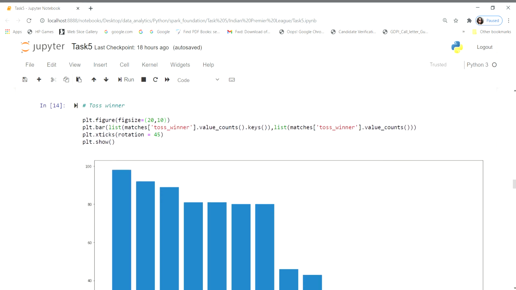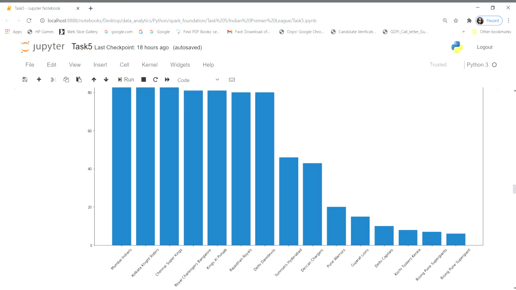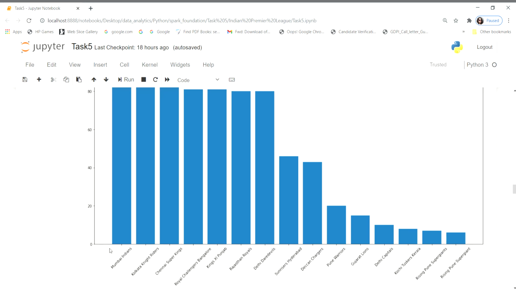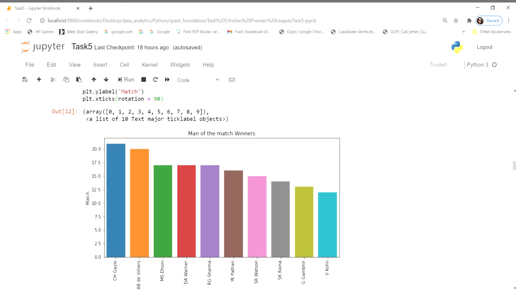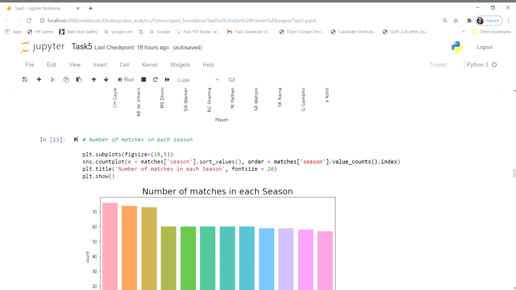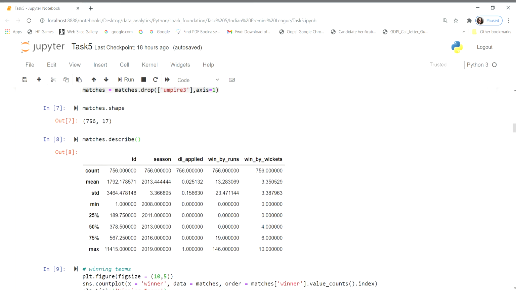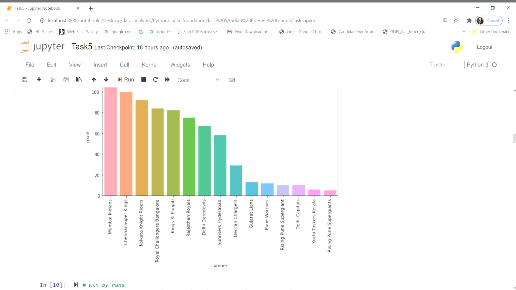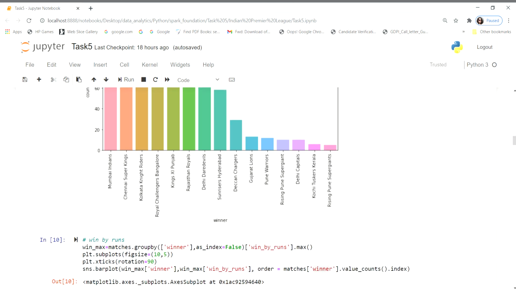Which team has won the most tosses? The highest toss wins are by the Mumbai Indians, and the lowest by the Rising Pune Super Giants. From the toss winning and the winning teams, I can say that those who have won the maximum number of tosses have won the games.